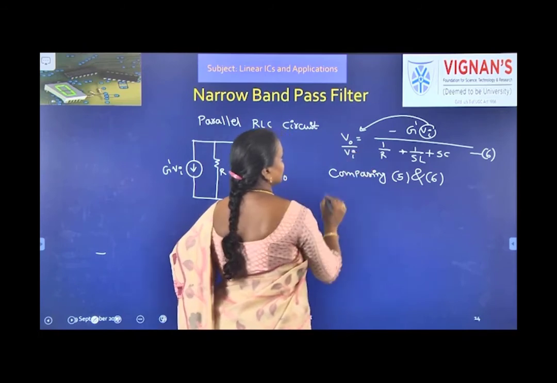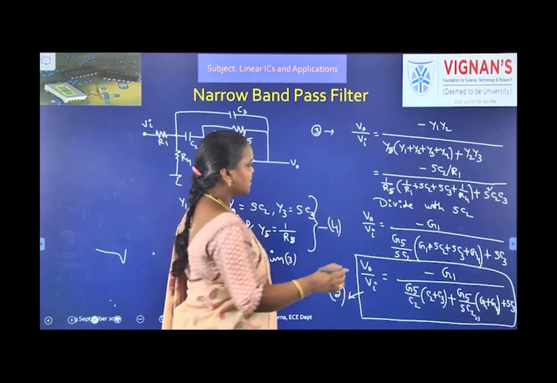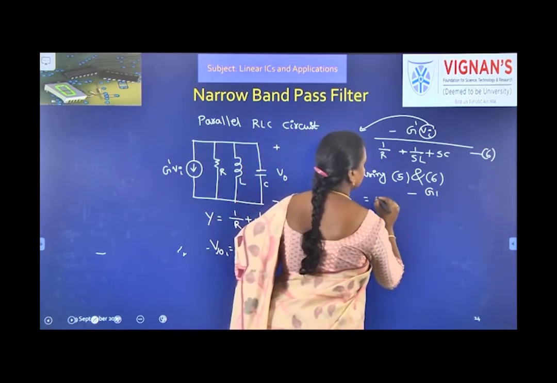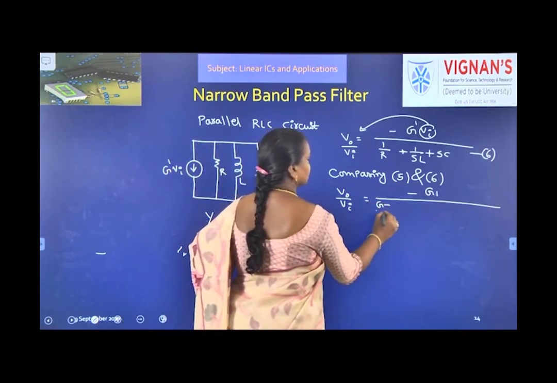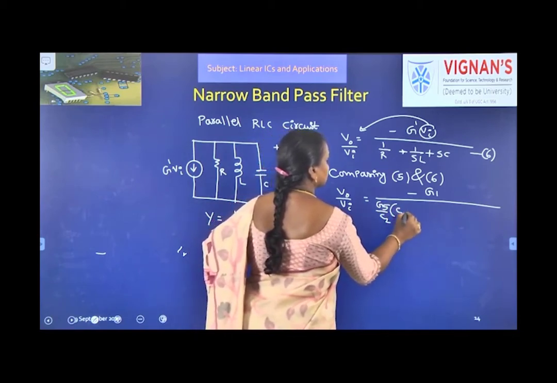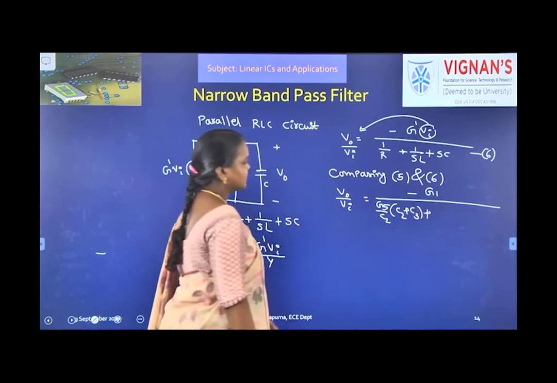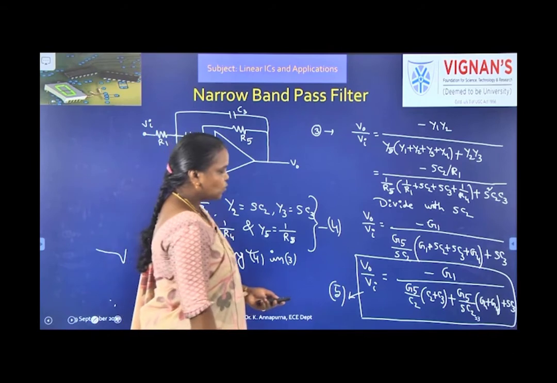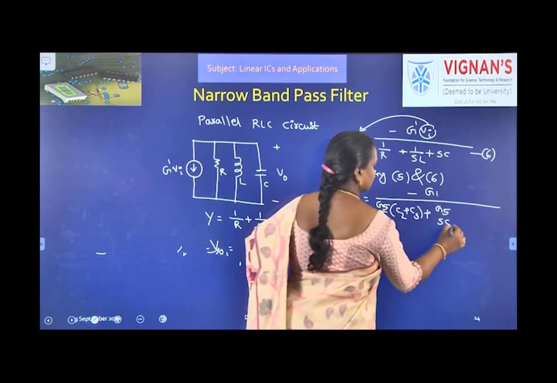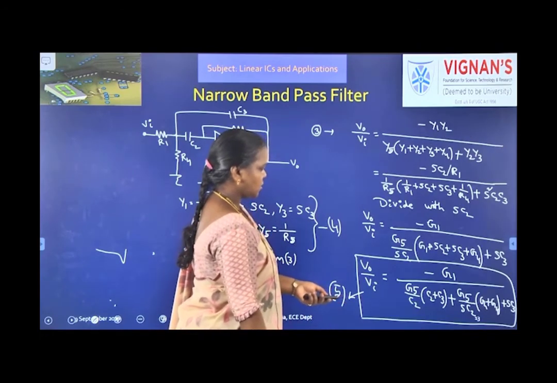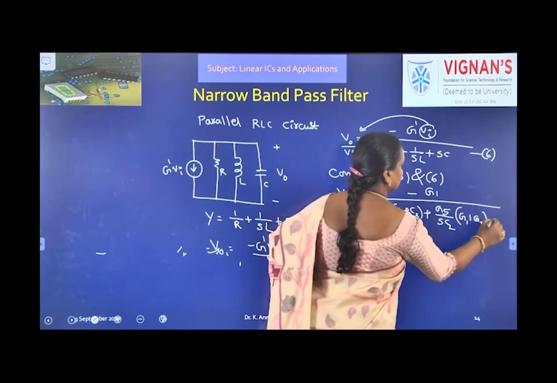So V naught by Vi is equal to, for comparison both should be gains, minus G1 by G5 by C2 into C2 plus C3 plus G5 by SC2 into G1 plus G4 plus SC3.